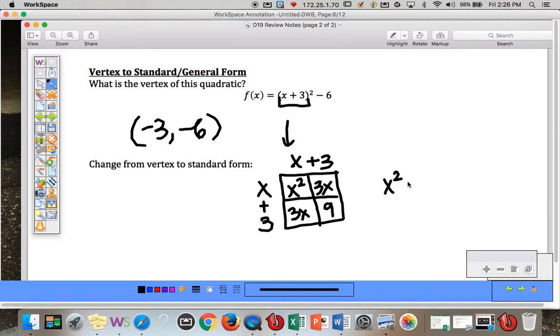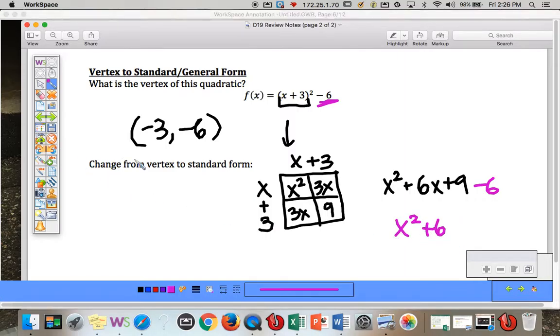So if you write that out and combine like terms, x squared plus 6x plus 9. But then remember you have this minus 6 hanging out there at the end. So our final equation, x squared plus 6x plus 3.